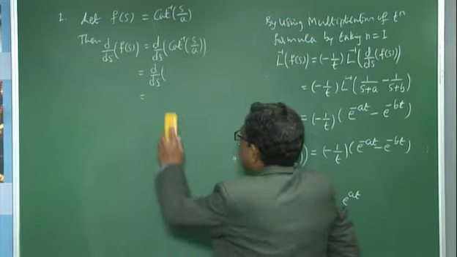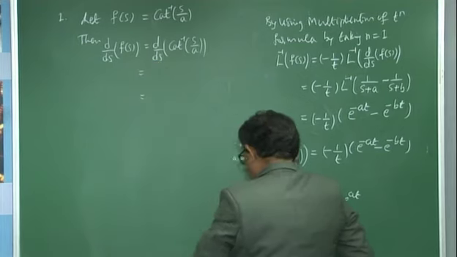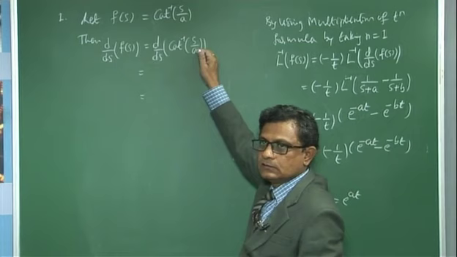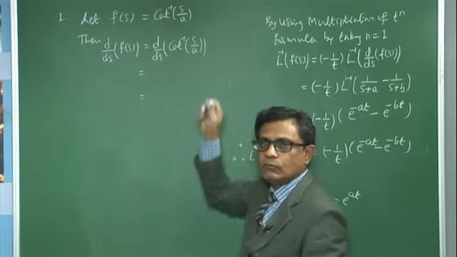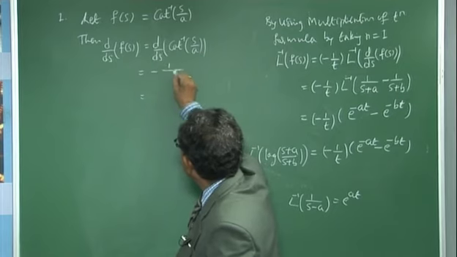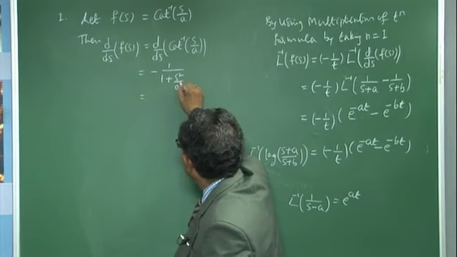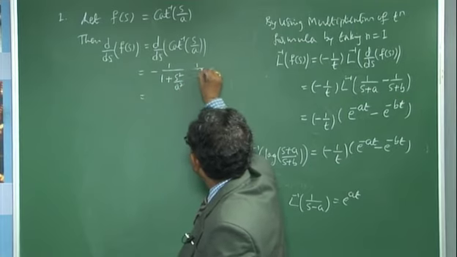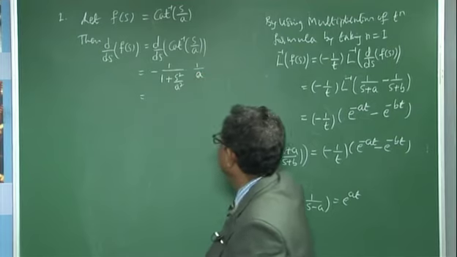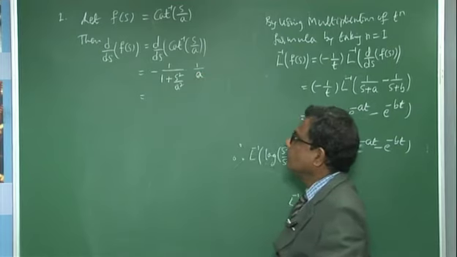Now, easily we can find the derivative of cot inverse x, minus 1 divided by 1 plus x square. Therefore, it is minus 1 divided by 1 plus s square by a square into coefficient of s, that is 1 by a. Coefficient of s is 1.